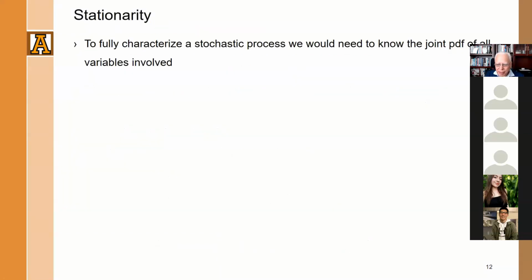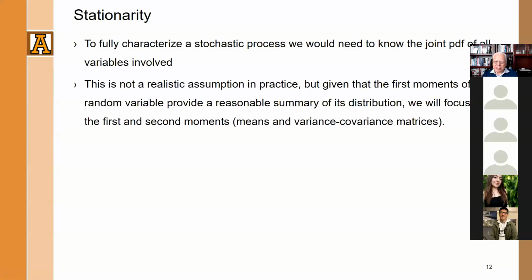Now, we know that to fully characterize the stochastic process, we would need to know the joint PDF of all the variables involved. And that, again, is going to be very difficult because we have many variables involved and they are not independent. So it is not realistic to think that we can know what that joint distribution is going to be. Now we see that, for example, the multivariate normal distribution is completely characterized by its mean and its variance covariance matrix, right?